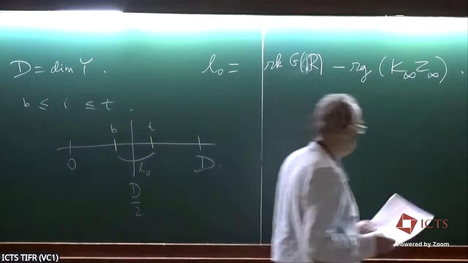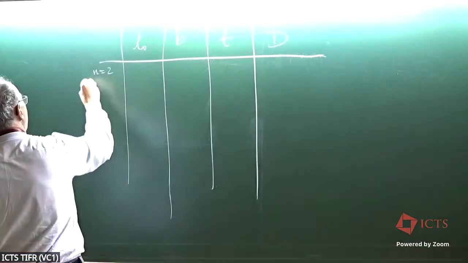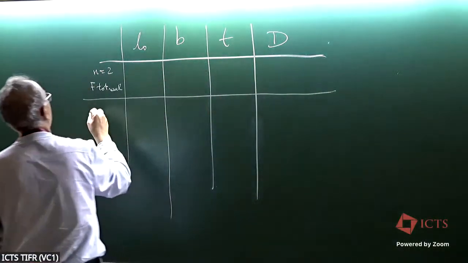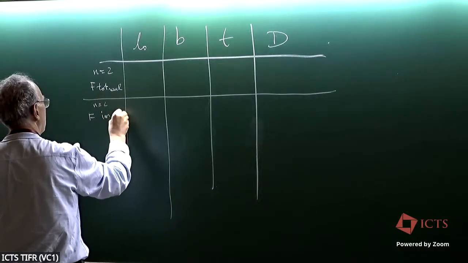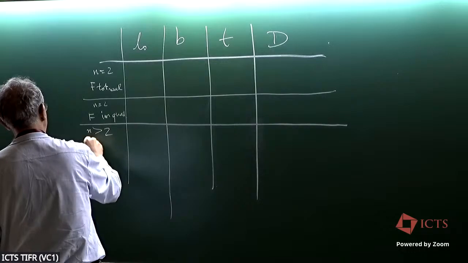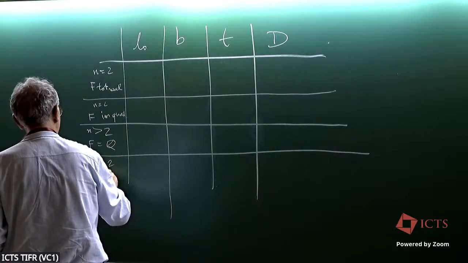I write it here: the values of L0, B, T, and D for GLN over F. I take first N equal to 2, F totally real; then N equal to 2, F imaginary quadratic; then N greater than 2, F equal Q; then N greater than 2, F imaginary quadratic.